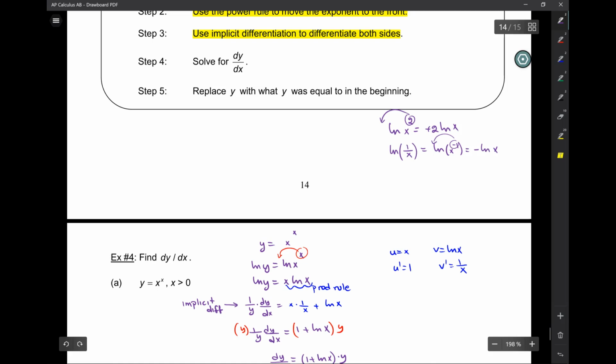So often in the book, or let's say it's a multiple choice question, the answer might show up in this form, and vice versa. So a good, sophisticated calculus student will have no problem going back and forth between ln of 1 over x and negative ln of x.